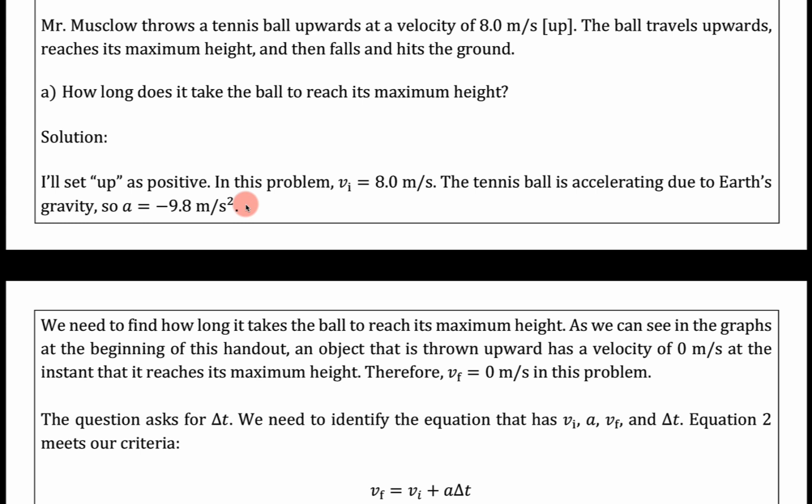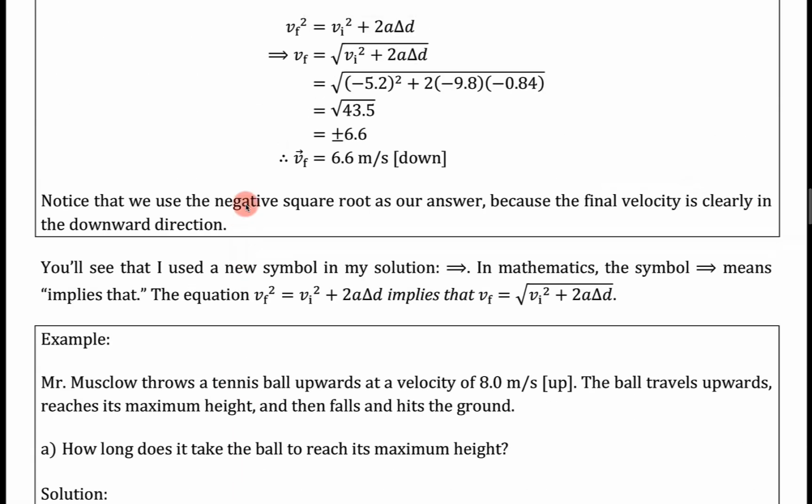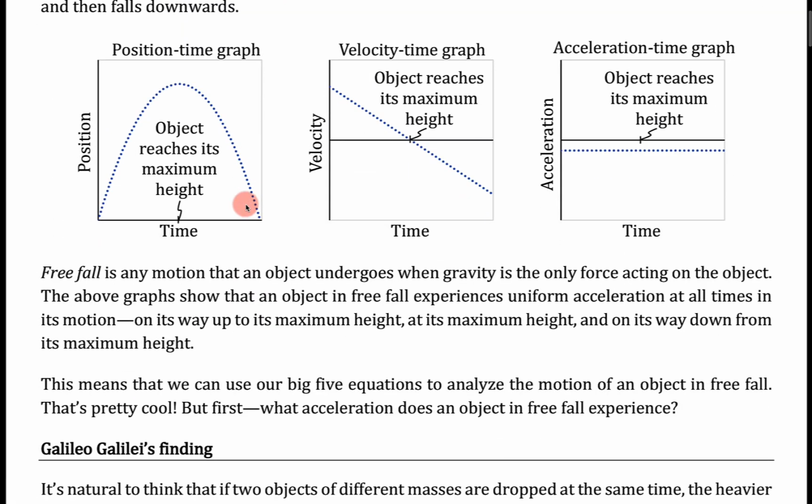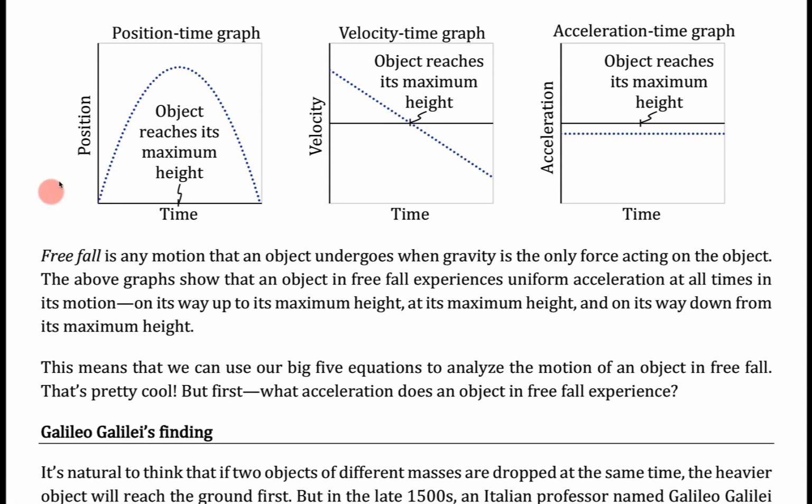Well, the key to finding how long it takes the ball to reach its maximum height is to understand that when the ball reaches its maximum height, it actually has a velocity of 0 meters per second at that instant. We can see this if we look at the graphs in the beginning of our handout. Right, so here's our position time graph.